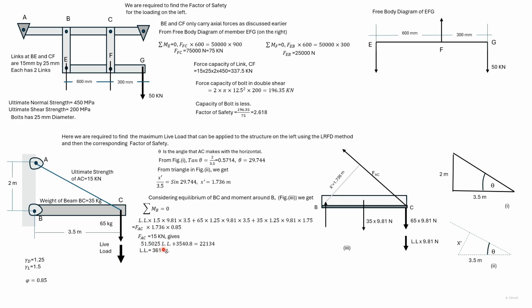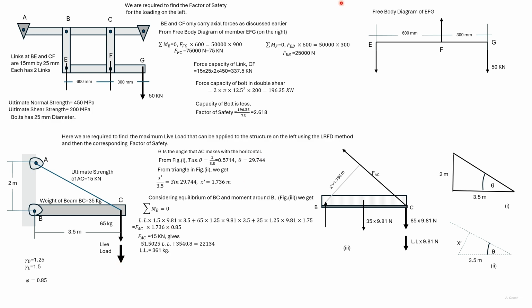So this live load multiplied by 1.5 multiplied by 9.81 into the distance 3.5 plus 65 into the dead load factor into 9.81 into again 3.5 plus 35 into the dead load factor into 9.81 into half of 3.5 is equal to FAC into 1.736 into the resistance factor for the structure.